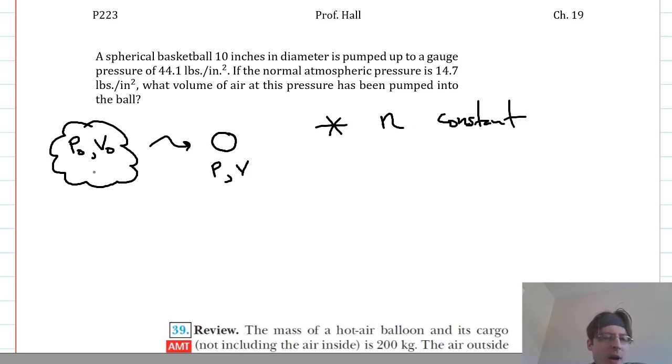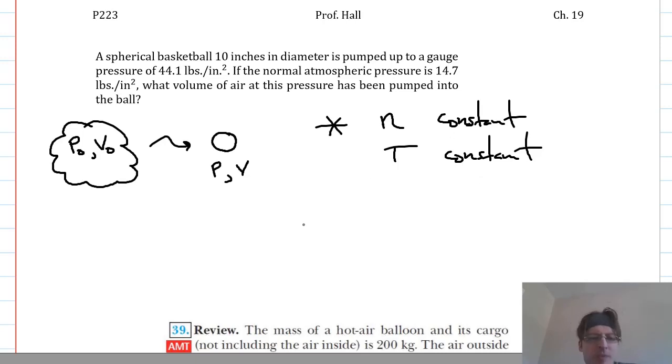This cloud of air is exactly the amount of air that goes into the ball. So 1 mole here, 1 mole there, whatever it is. Also, I'm assuming the temperature stays constant. Like I didn't warm up the air as it went into the ball. I'm assuming it just stayed at room temperature. So also T stays constant in this process.